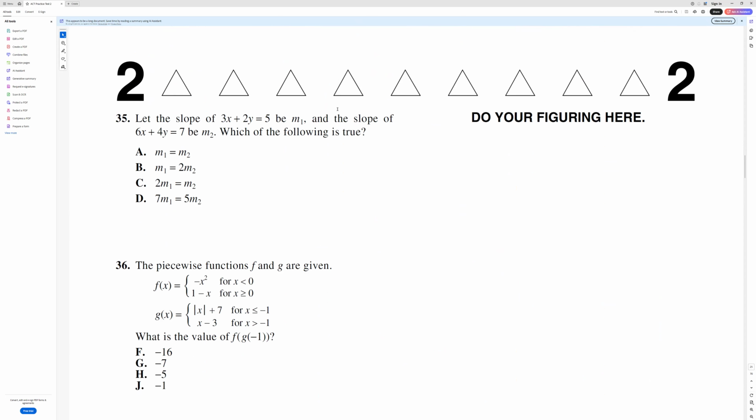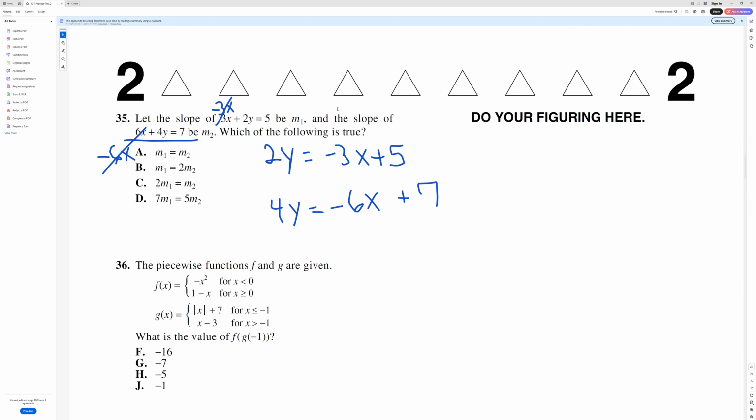And in the other case, subtract negative 6x on both sides, and we're going to cancel that, and we're going to get that 4y is equal to negative 6x plus 7, but we don't care.